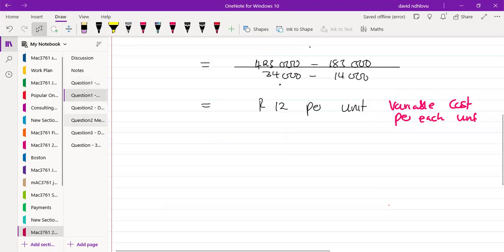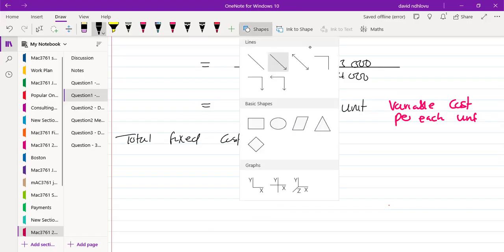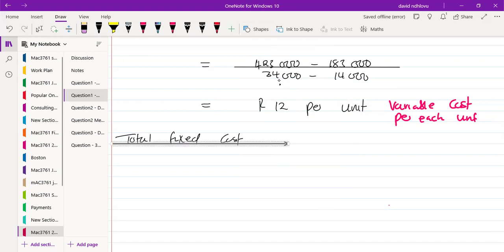Right, so when we look now for the total fixed costs, we have to use the cost function. Right, so we have a formula called the cost function, which says y is equal to bx plus a.